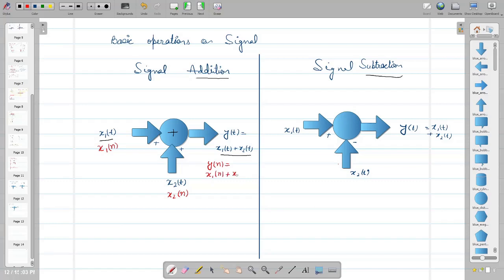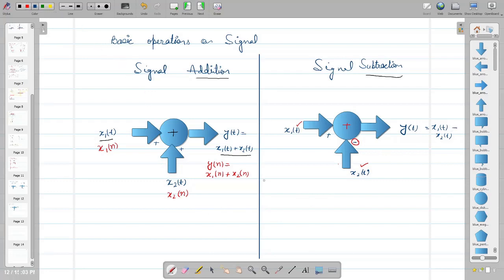plus x2[n]. In the same way, in signal subtraction we are having two components x1 and x2. We have a summer here, and this negative sign is for the subtraction. Then y(t) is equal to x1(t) minus x2(t).